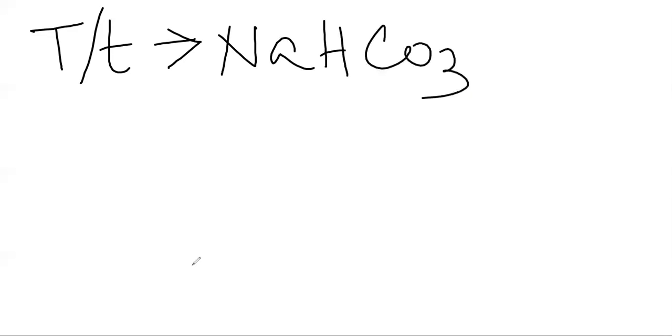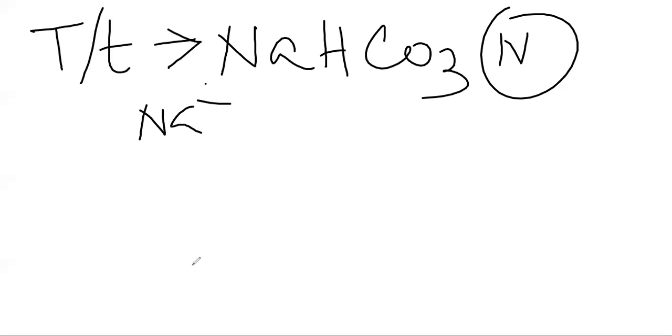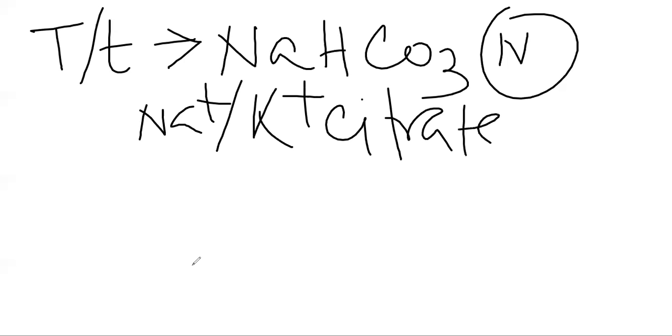IV injection of sodium bicarbonate will replenish the sodium ion and correct the ECF volume, and it can also correct the hypokalemic situation. Or you can give sodium potassium citrate salt. So that is a little about the treatment plan.